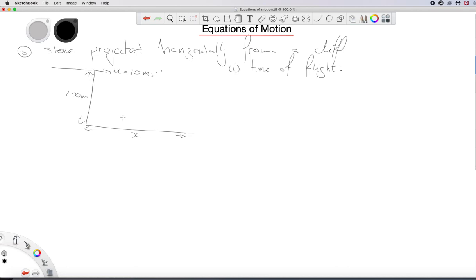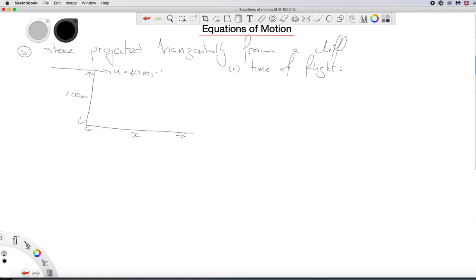Hopefully you'll see that the time of flight is the time it takes the stone to get from here to here. Hopefully a moment's thought will tell you that it doesn't matter how fast this is. That's got nothing to do with how long it takes to cover this distance.